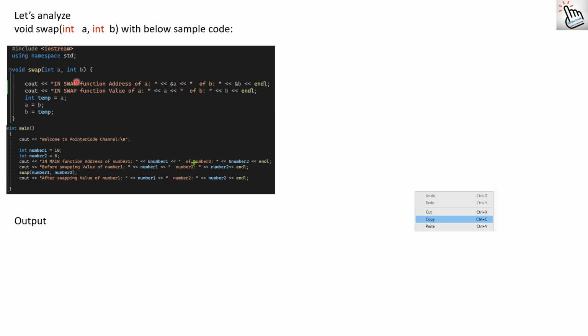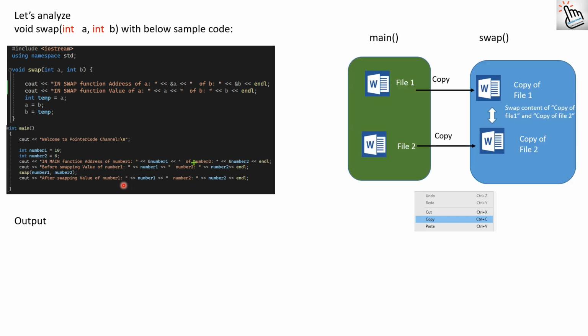Then in the swap function we print out the addresses of the A and B variables, then the values of A and B, and we swap A and B. After that we print out number 1 and number 2 after calling the swap function. And let's analyze this sample.